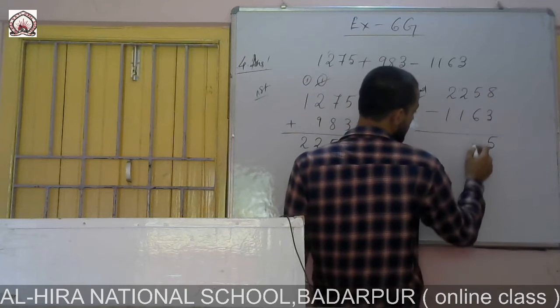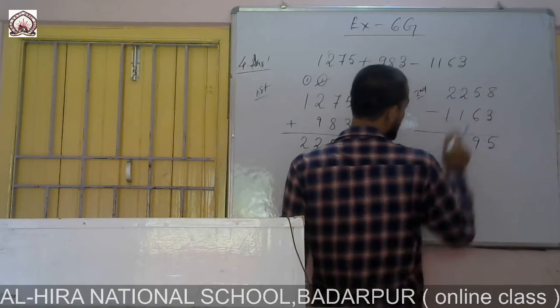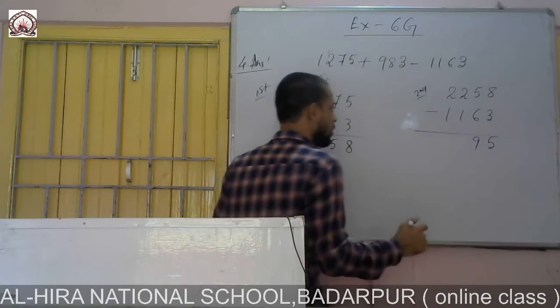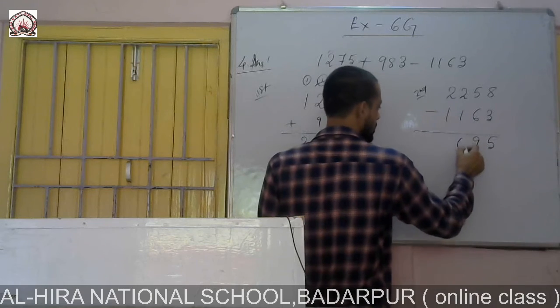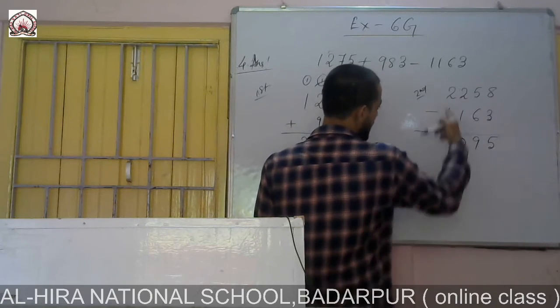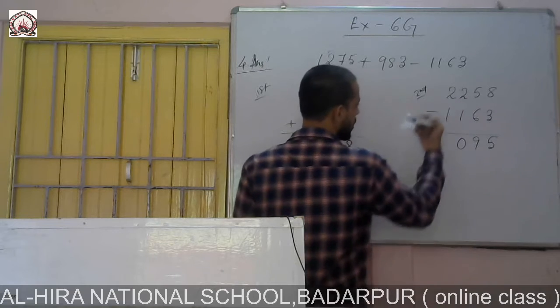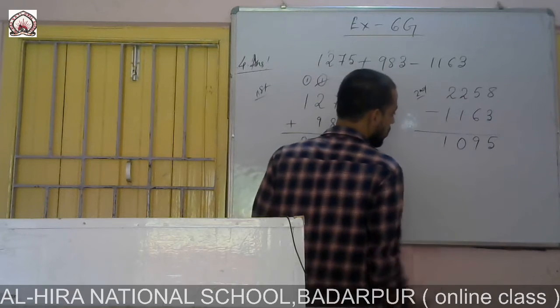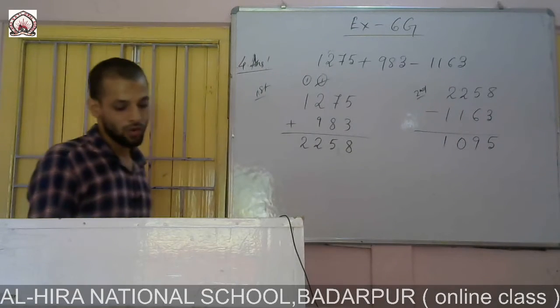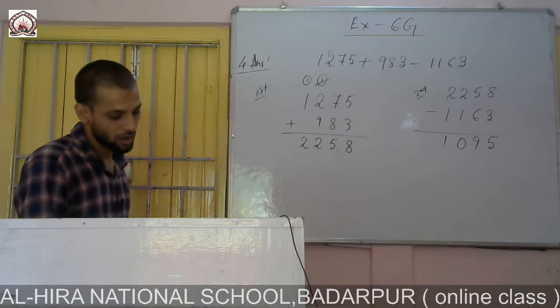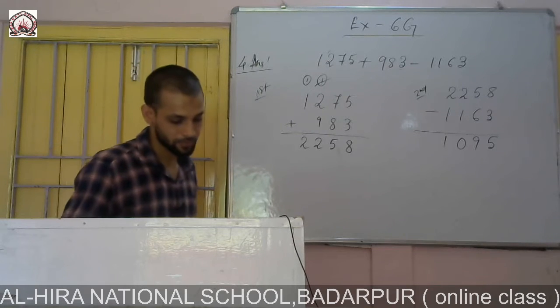So 15 minus 6 equals 9. The digit which remains is 1. So 1 minus 1 equals 0. Here in the thousands place the digit is 2. So 2 minus 1 equals 1. So the answer is 1095.